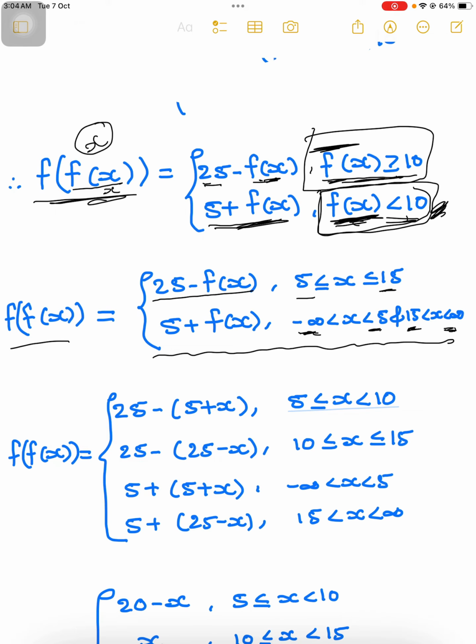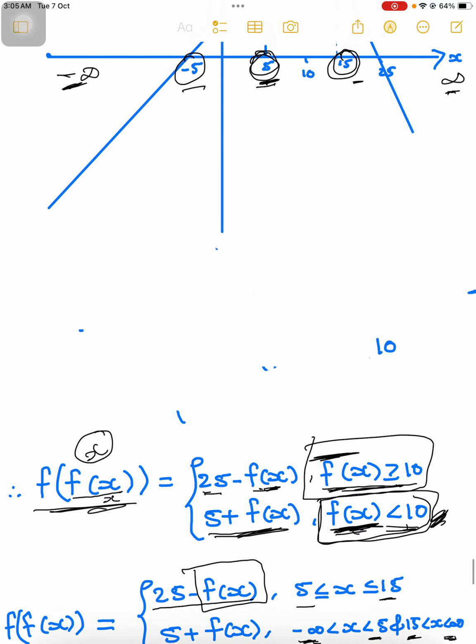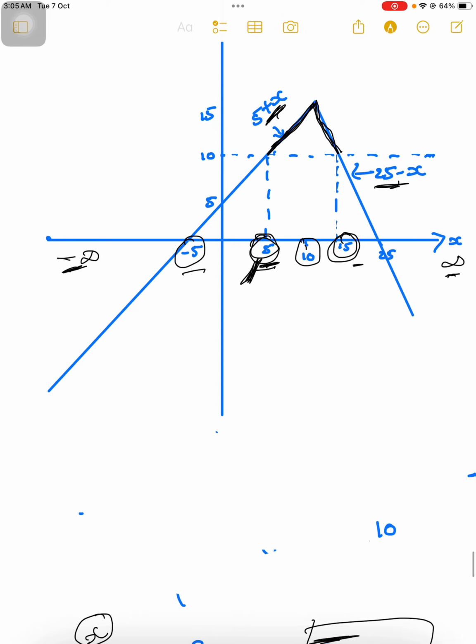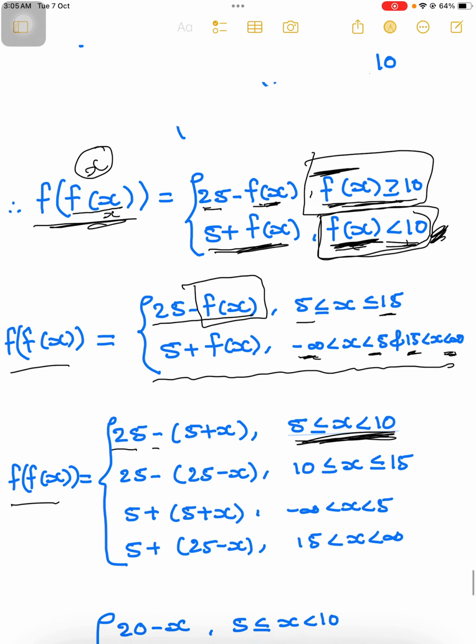Again, now I will break the steps. See, 25 minus f of x. What is the value of f of x? You can observe here, from 5 to 10, which function is there? 5 plus x.